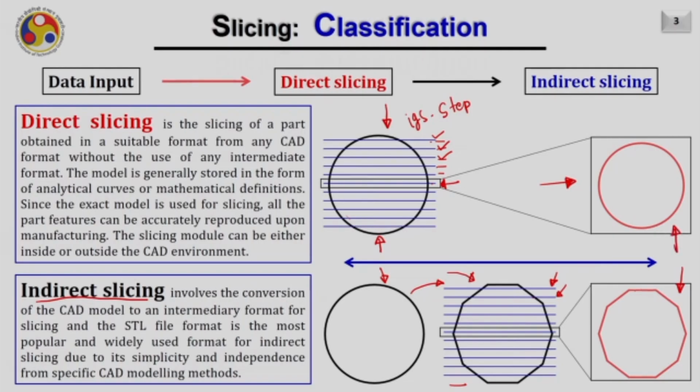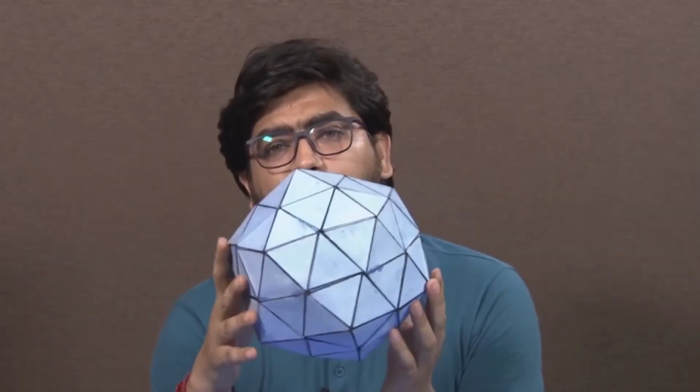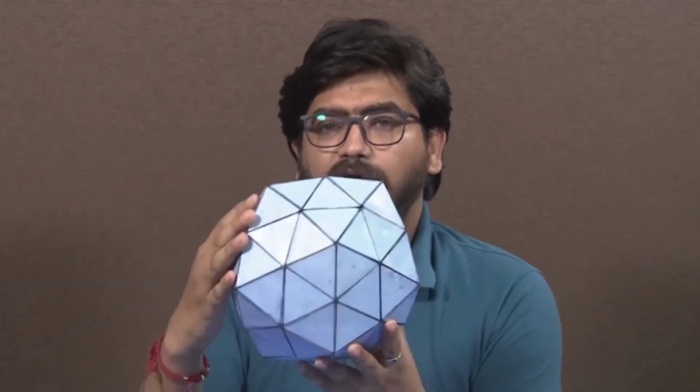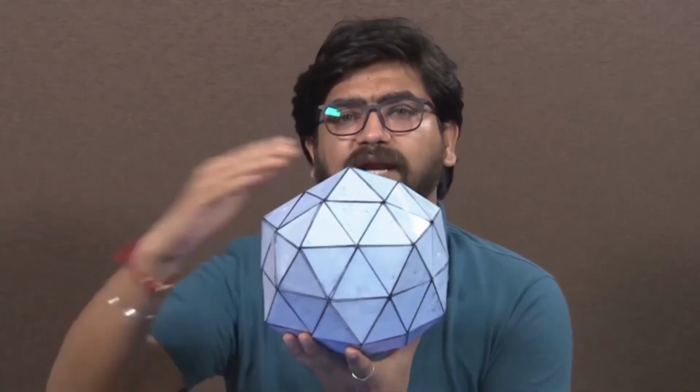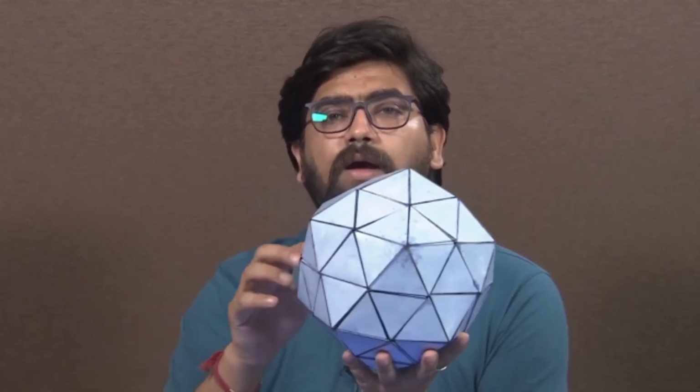Here again it may be some polygon, a collection of lines. You can observe it through this example as well. It is a representation of a sphere by the STL file, and if you take an intersection at any particular level, you will get nothing but a polygon.